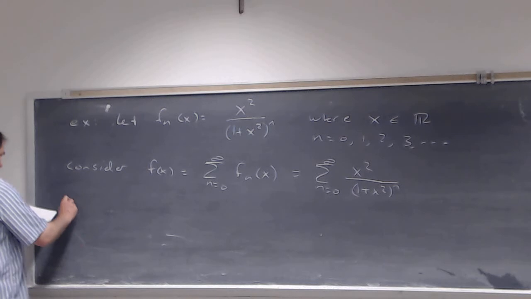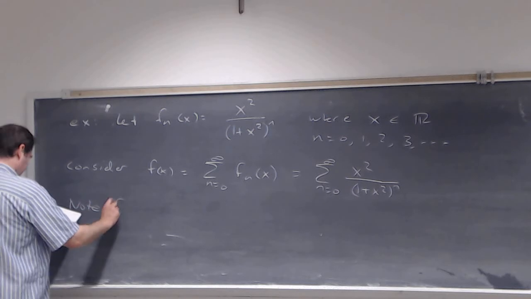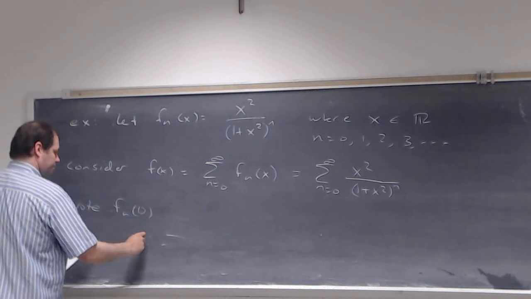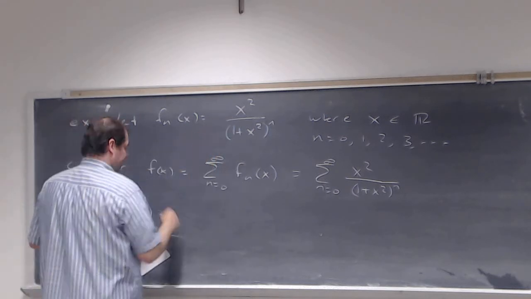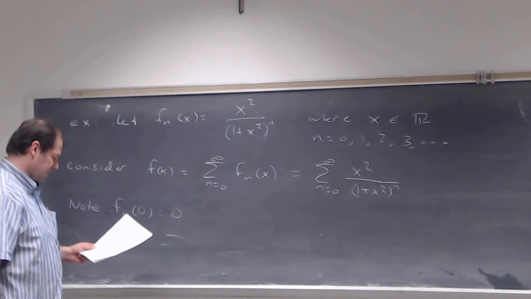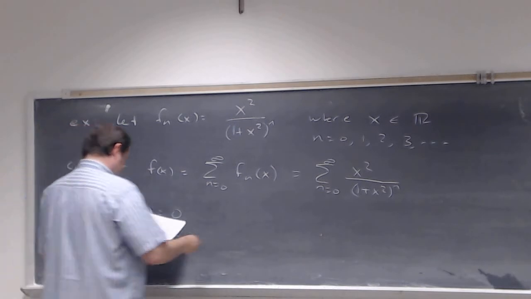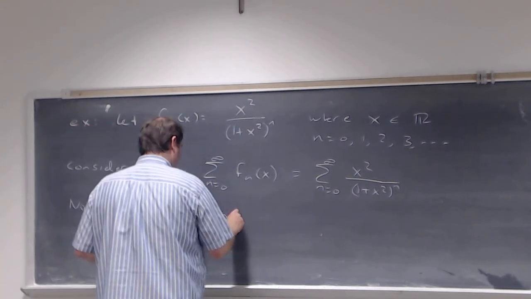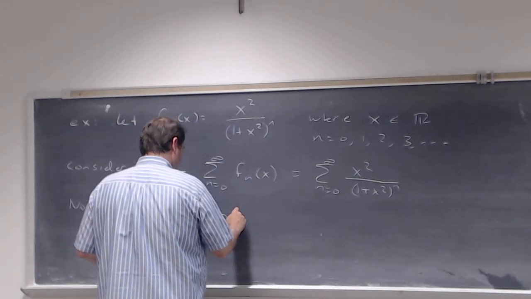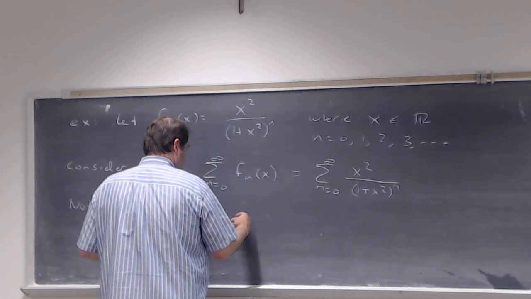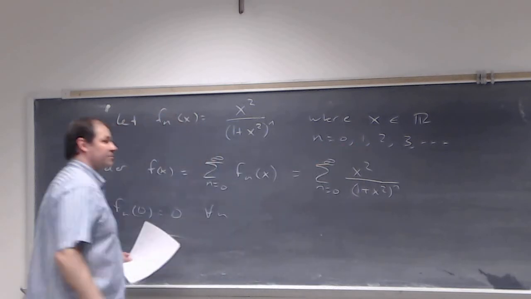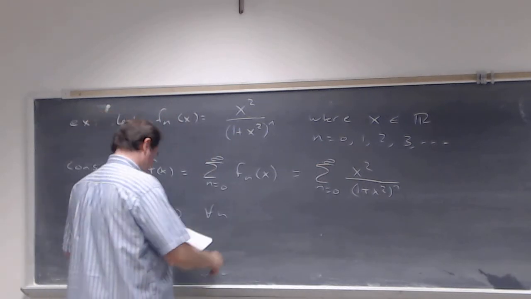Now, the first thing I want to note is that f sub n of 0 is always 0, and that's true for all n in our collection running from 0 to infinity.